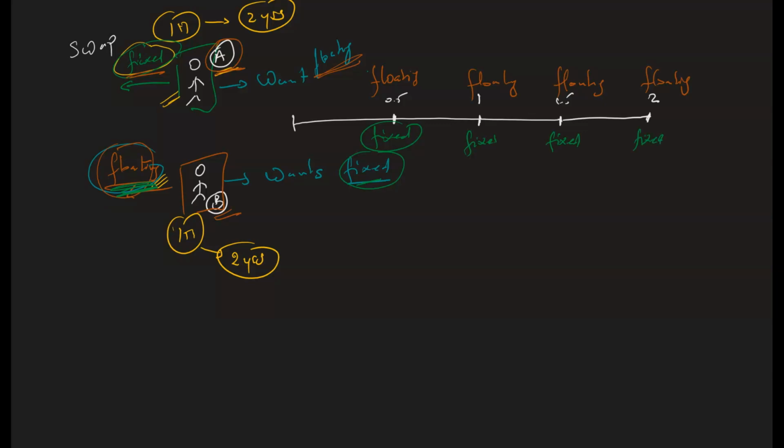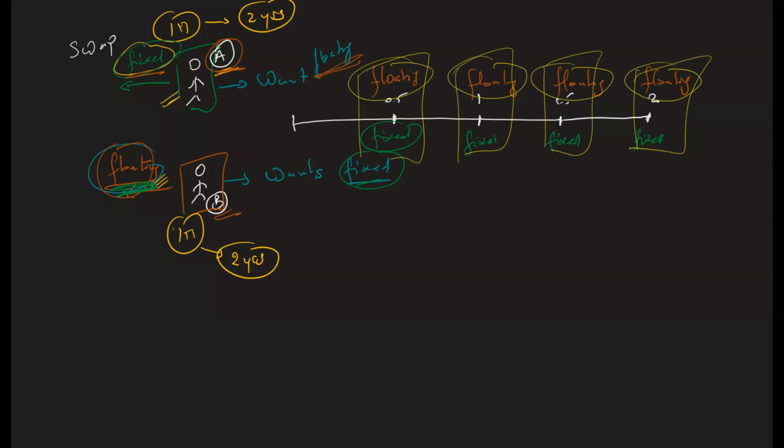And this is essentially what a swap agreement is, conceptually. Now, this happens every period, all the way until the maturity of the contract. And the floating rate that is typically used here is the LIBOR rate.